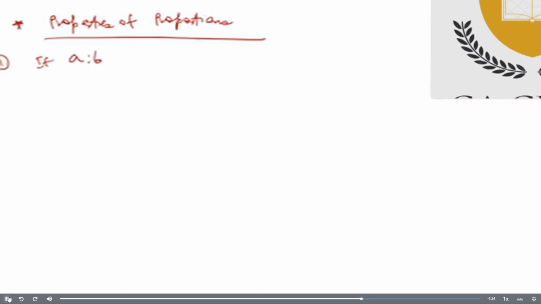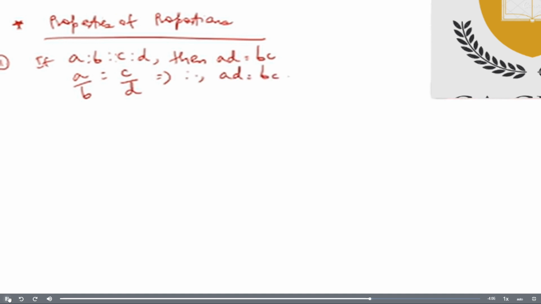If A is to B proportion C is to D, then AD is equal to BC. Proof is A by B is equal to C by D. Therefore, AD is equal to BC. This is cross multiplication based.